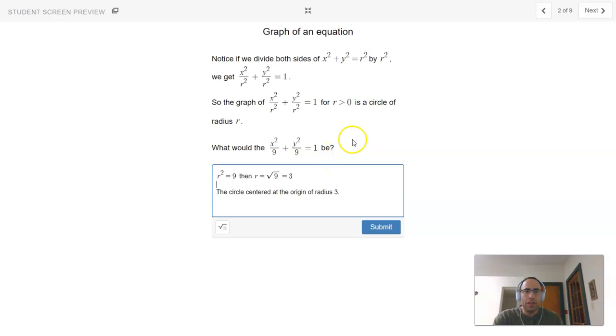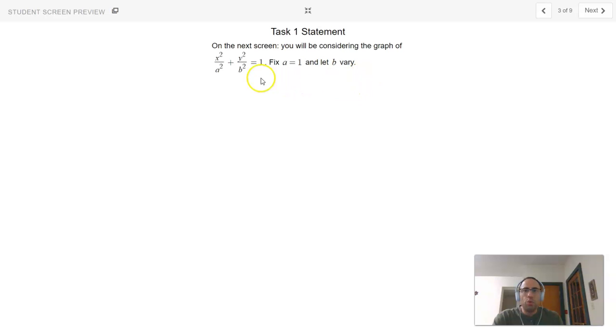Okay, let's move on. Now, we're going to look at this equation. Here, the denominators are a squared under x squared and b squared under y squared. We are assuming that a squared is not 0, so in particular it's positive, and b squared is not 0, so in particular, b squared is positive.